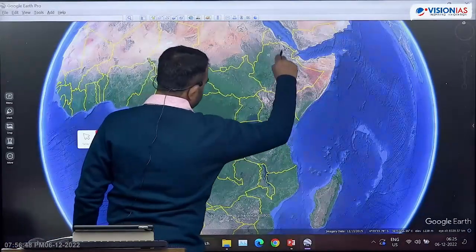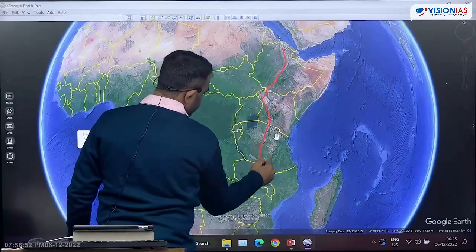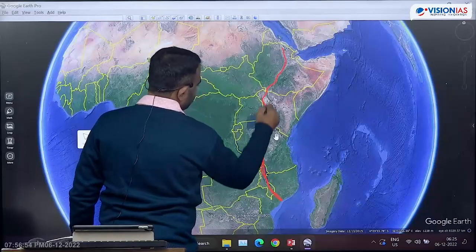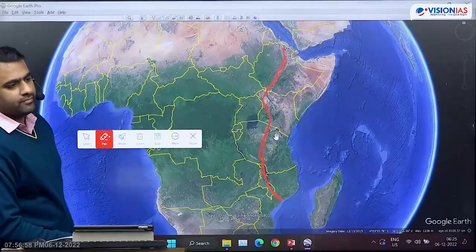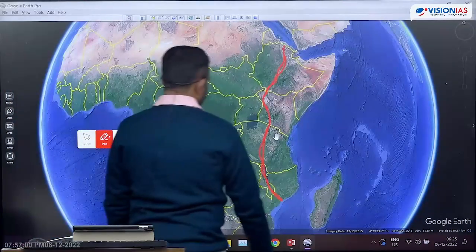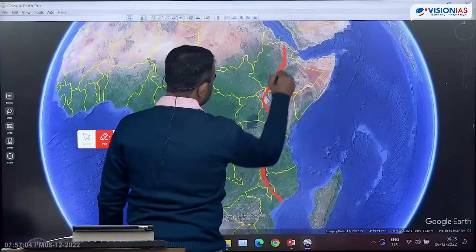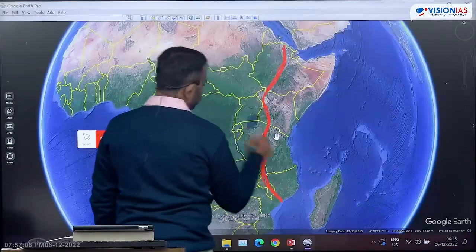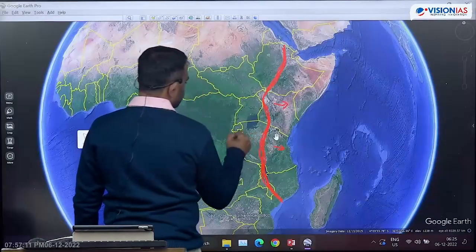Can you see here? There is a huge crack which is clearly visible. Okay, zoom in किया तो पता चलेगा. Otherwise there is a crack. This part is moving, this part is moving.